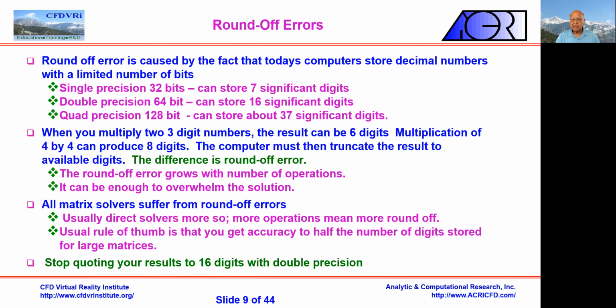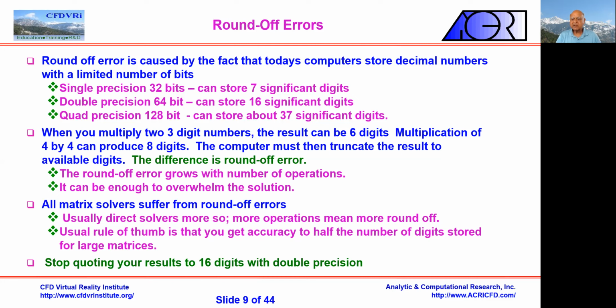The problem is when you multiply, let's say, 3-digit numbers, the result is a 6-digit number. 4 by 4 is 8. 6 by 6 is 36. Now, real numbers quite often have many significant digits. Pi, for example, has how many? Endless significant digits, right? Of course, they're not all significant, but if you keep on multiplying, then there is a problem.